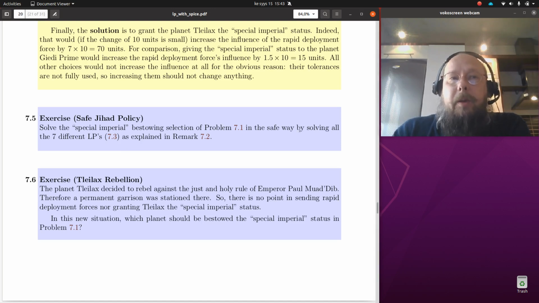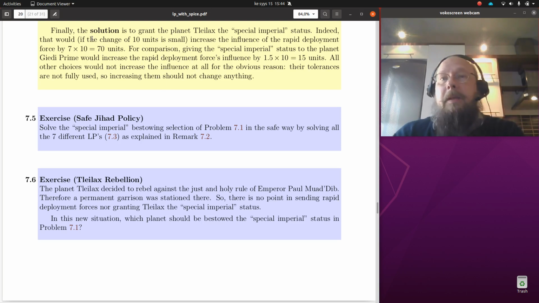So really looking at all the 7 different LPs 7.3, as it was explained in remark 7.2. So this is the exercise safe jihad policy. And yes, make the comparison to see whether it is the same solution as in this differential form.